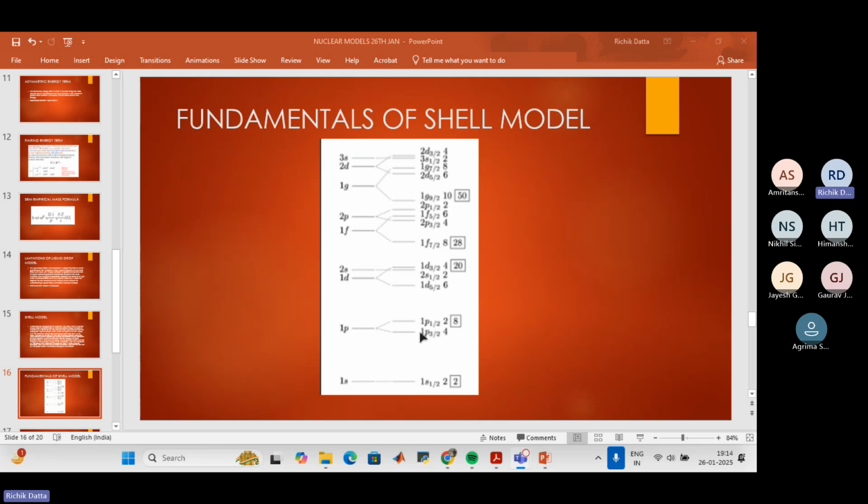For 1p, 2s plus 1 equal to 1, so s equal to 0. So j will be, by the standard formula, L plus half. This is basically known as the stretch case, and j will be L minus half. This is known as the jackknife case.